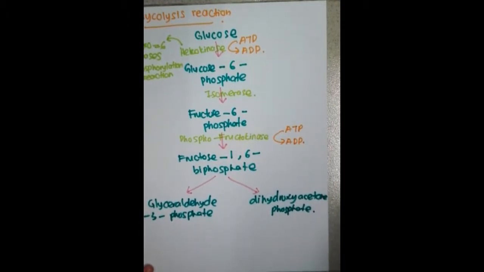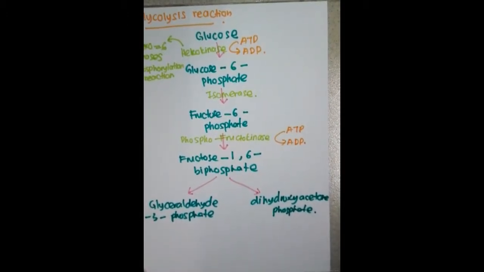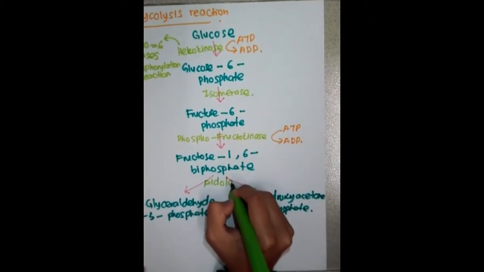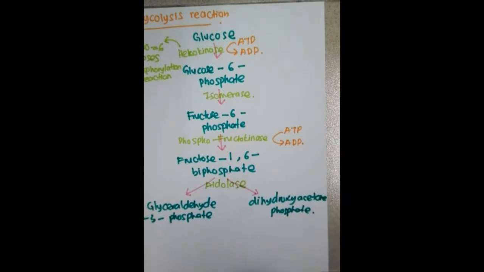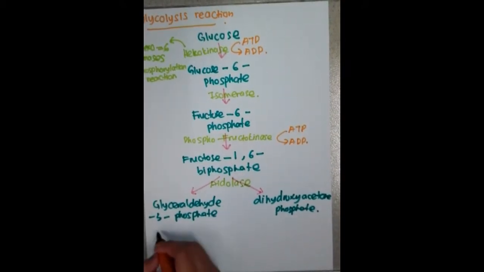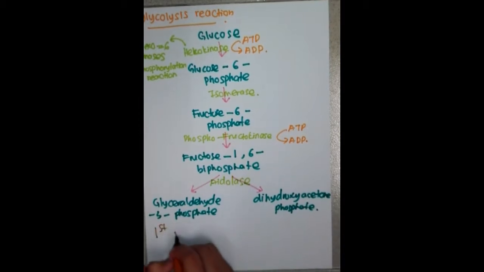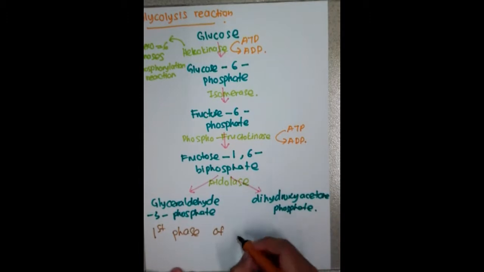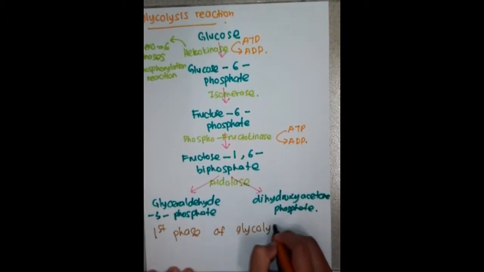This step is catalyzed by the enzyme aldolase. This is the first phase of glycolysis. As you can see, two molecules of ATP are used.